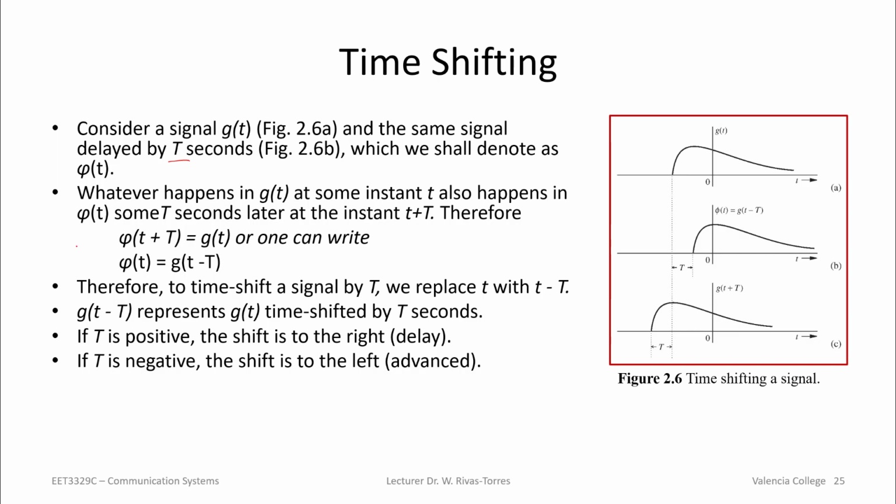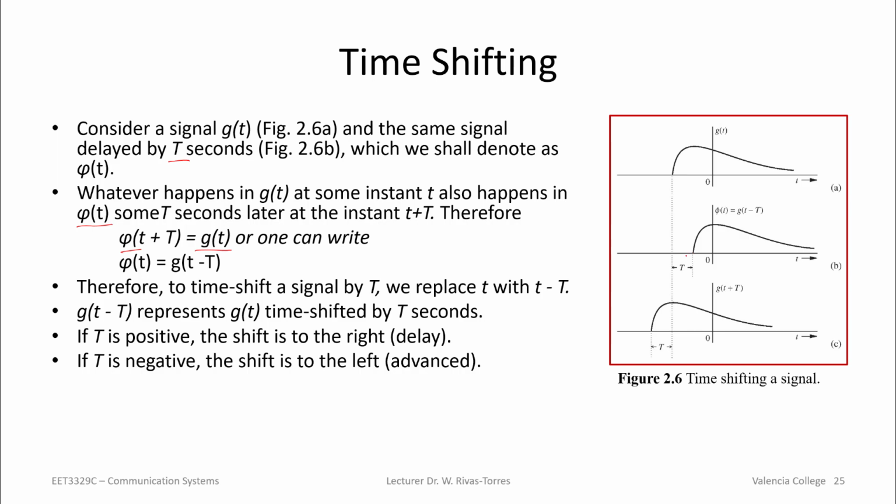So let's say I have a phi signal, which is my delayed signal. In other words, if I look at phi at t plus tau, it should equal g of t, which is my original signal.